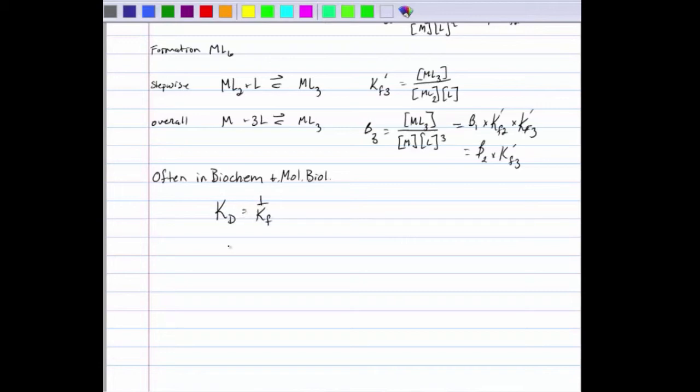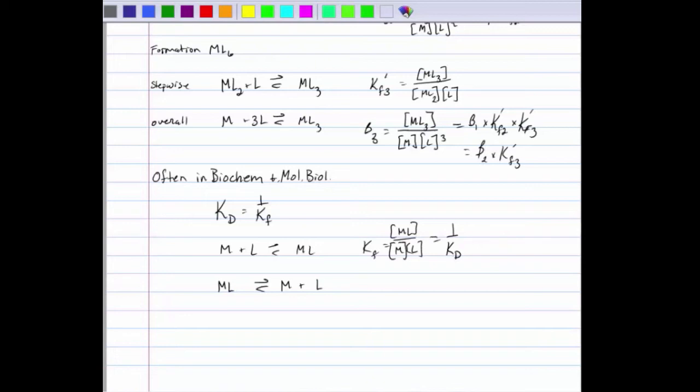And if you write your formation expression, so which would be like M plus L going to ML, so KF is equal to ML over M times L. In this, when you're talking about KD, it's the opposite equation. So it's the ML dissociating into its two components. So you could write this equilibrium expression basically upside down for the KD.